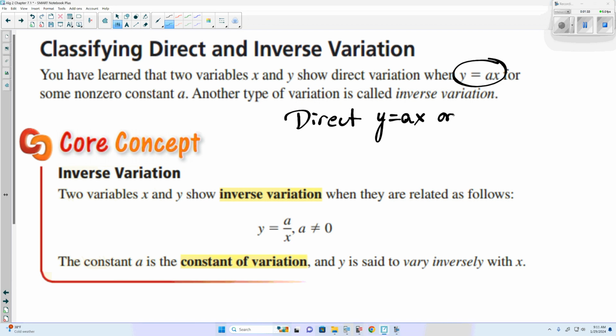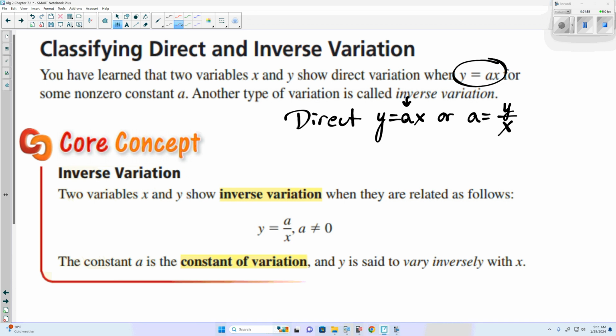We can have any real number for our a. And x and y are just variables. Now, we can get the a by itself. When we do that, we're dividing both sides by x, telling us a is equal to y over x. So really, in either one of these two forms, it's considered to be direct variation.